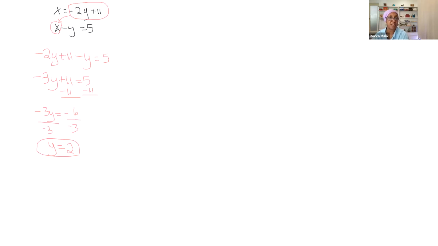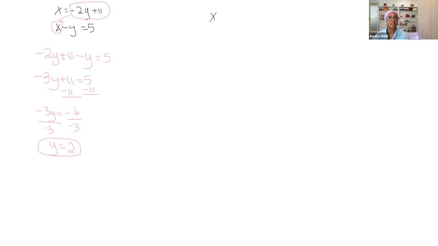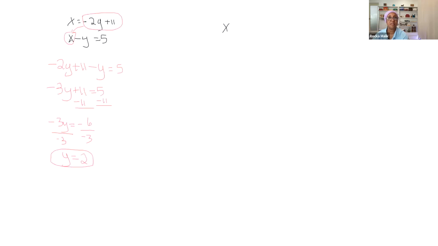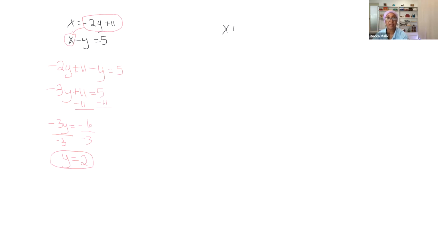But on the other side, I want to do it the way we did it last week. If we change this to have X, Y, and then the equal sign, it would be X plus 2Y, because I would bring it to that other side, equals 11. This equation would stay the same.